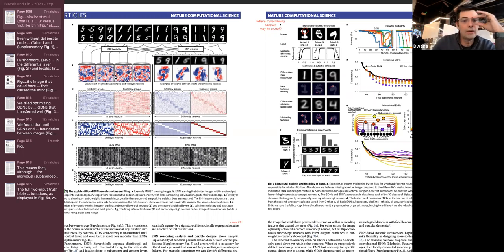So when you start training the network, this is a comparison of gradient descent networks and explainable neural networks, and they start looking at the weights in the neurons and how much they're firing. Here we see layer 1 neurons versus layer 2, and again layer 1 versus layer 2.